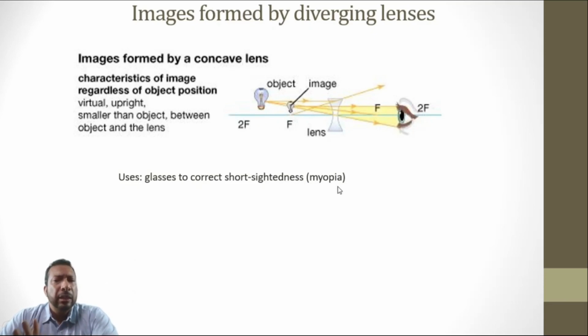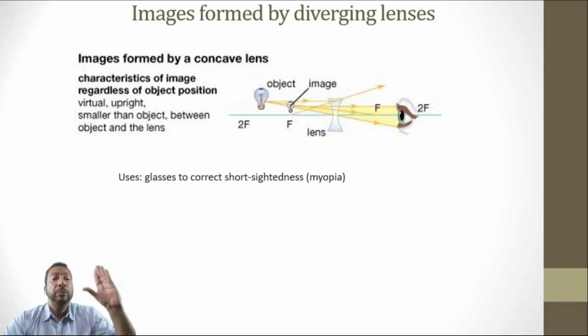So let's take a second to compare the virtual image produced by a converging lens and that by a diverging lens. What do they have in common? What is different? One thing they have in common is that all virtual images are upright. But what is different? The size. A converging lens produces one that is bigger.